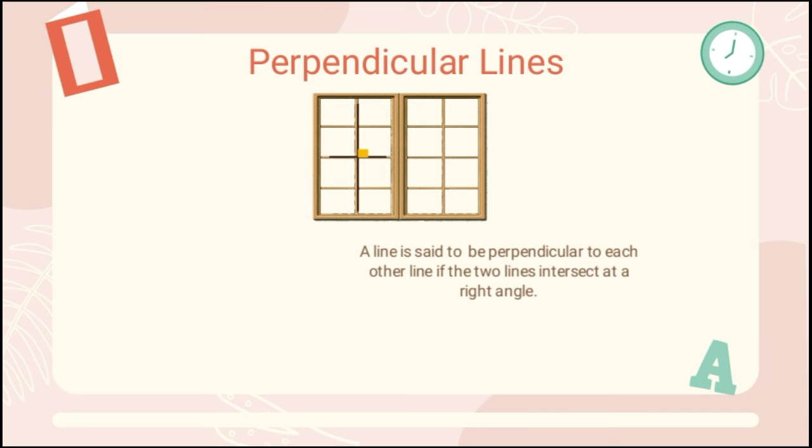We can use a mark to represent perpendicular lines. We can draw a small box between them where they are meeting each other. And we can use this symbol to say the line BC is perpendicular to line PQ.